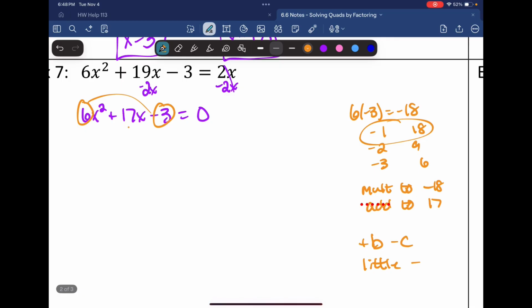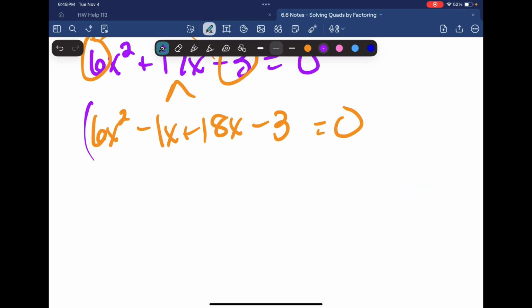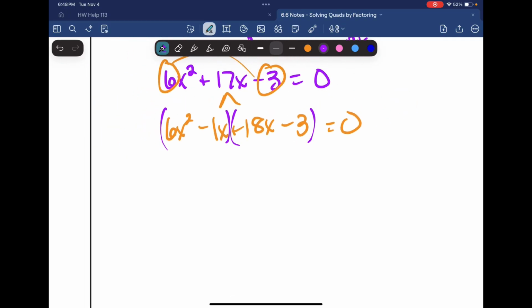So we break it up. Group, just like I told you before. First two, last two. GCF of the first group is x. Second group, bring down that plus sign, is 3.